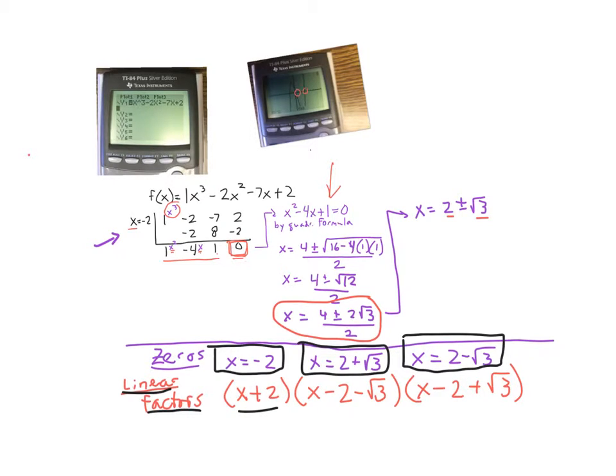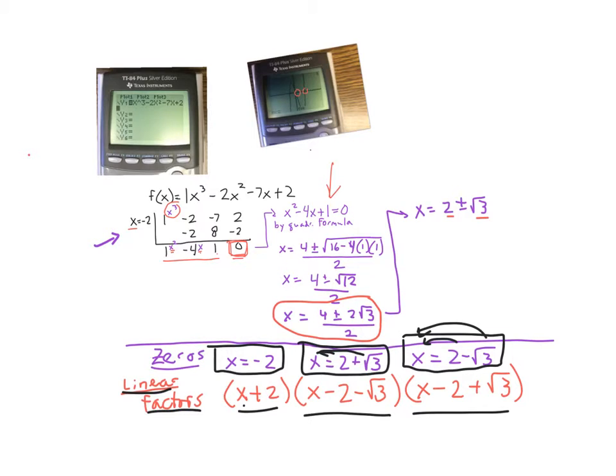Now, unlike what you've probably done in previous years, when you have an irrational number like 2 plus radical 3, something that doesn't have a nice, neat value, I'm going to take the 2 over to make that x minus 2, and I'm going to take the square root of 3 over to make that a negative radical 3, and that would be my second factor. And then similarly, x minus 2 plus radical 3 would give me my third factor.